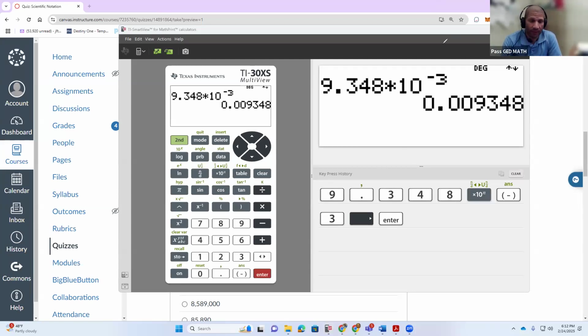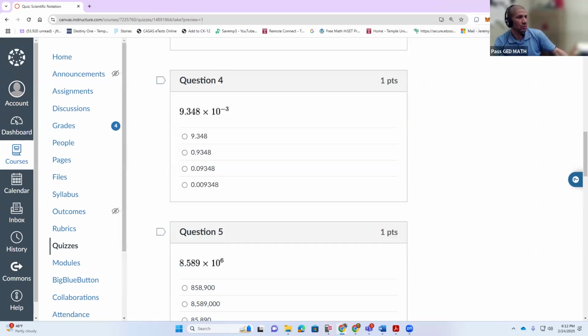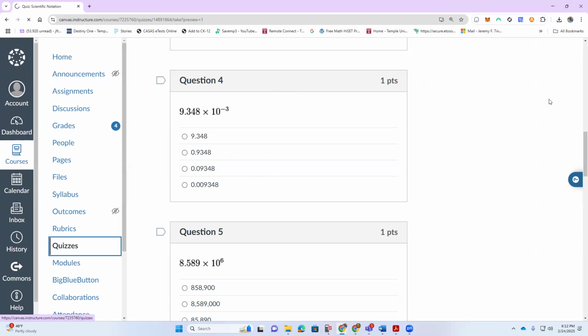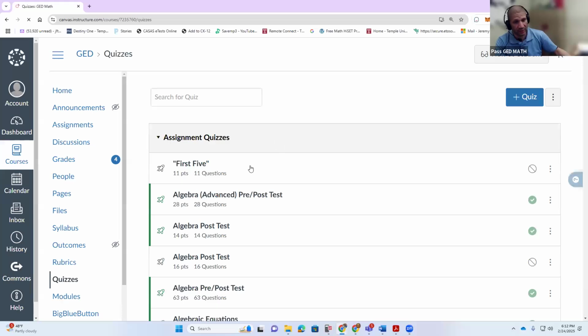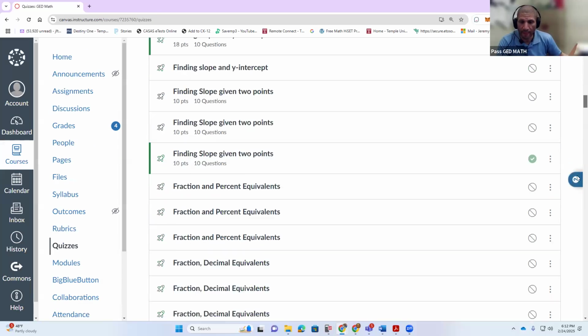All right, so let me try to find those tables. And of course, if it's a negative exponent, you move it to the left. If it's a positive exponent, you move it to the right. Right, yes.